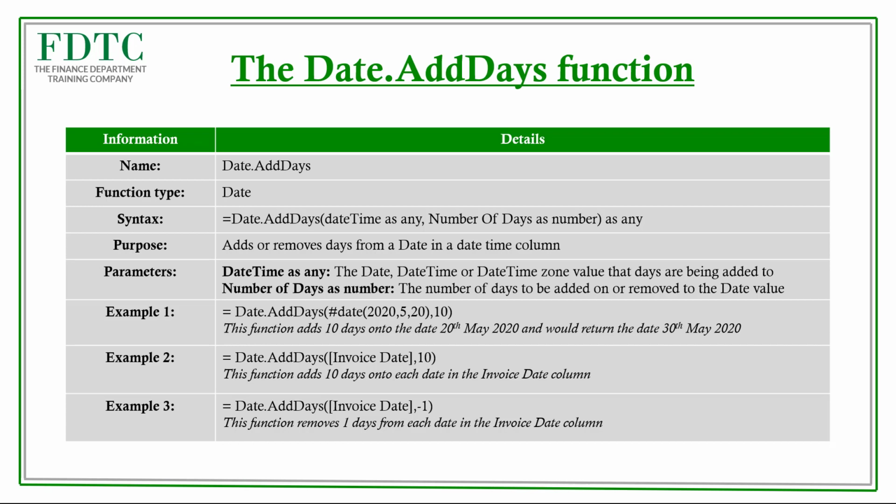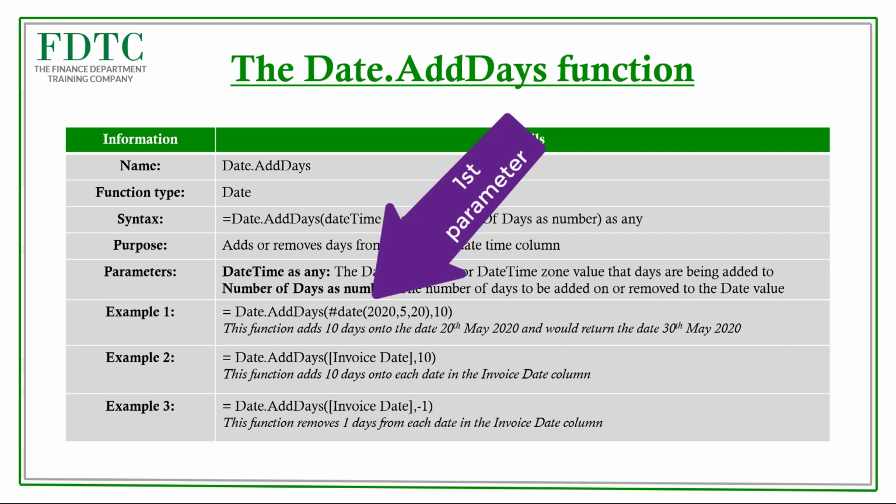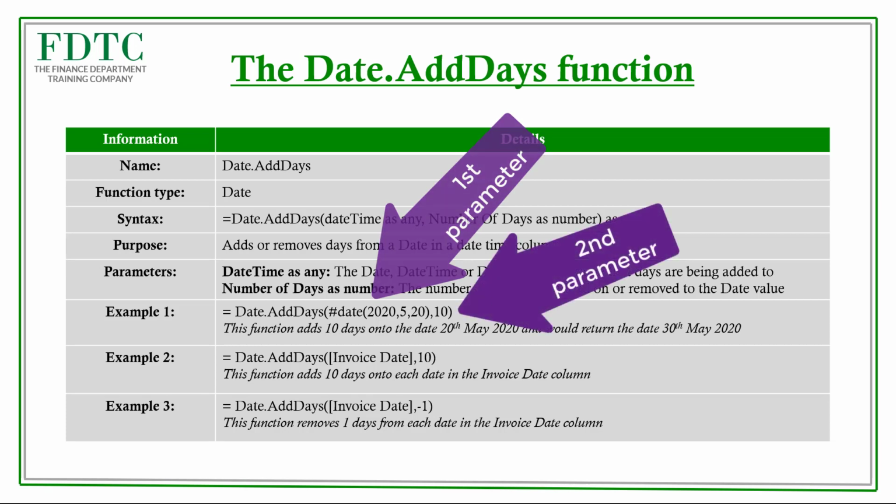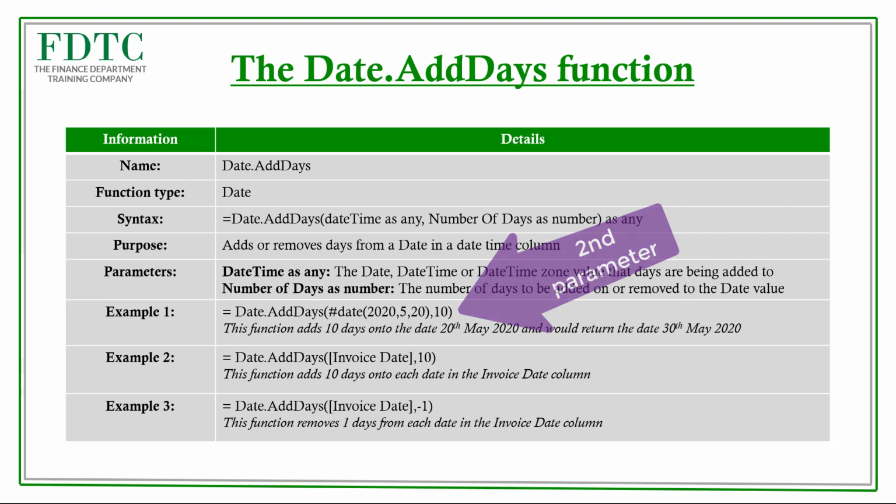So then underneath, we've got three examples here. The first one shows how we would add 10 days onto a literal. So a literal is where we define one particular date. The first parameter is our literal. The second parameter is our 10 days that we're then adding on. The second example here shows us adding 10 days onto an invoice date column.